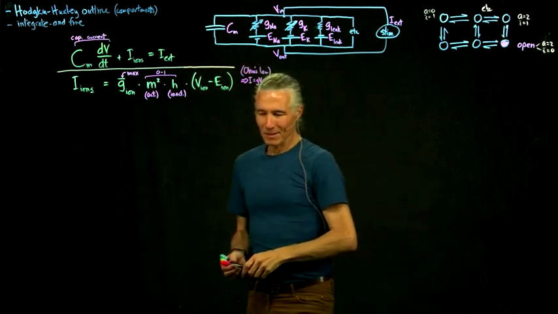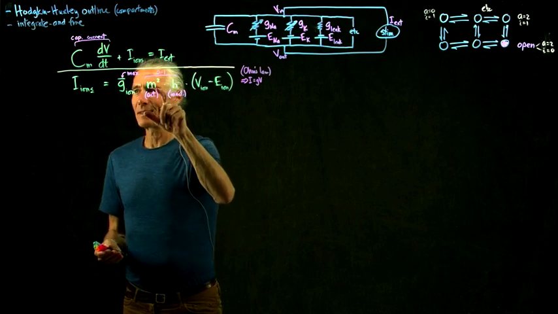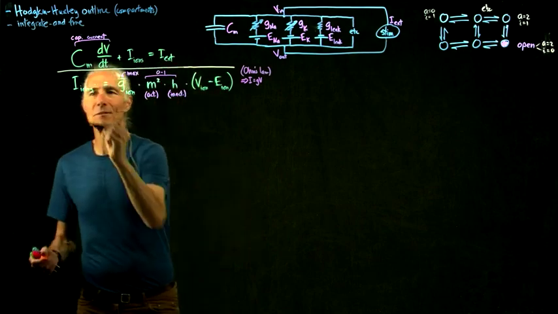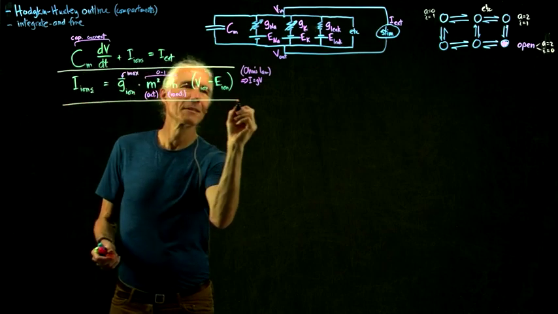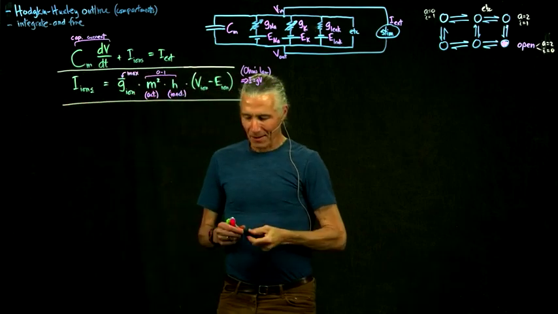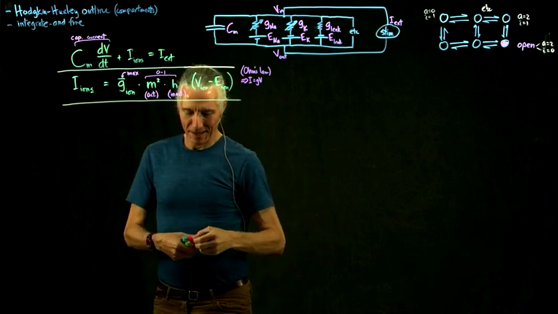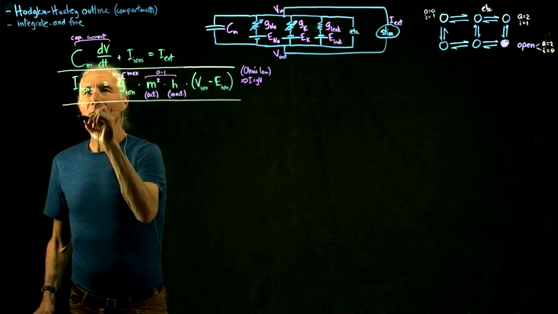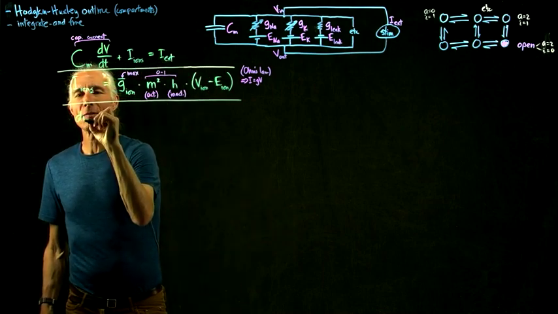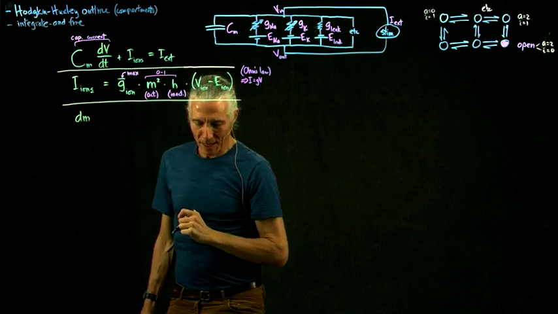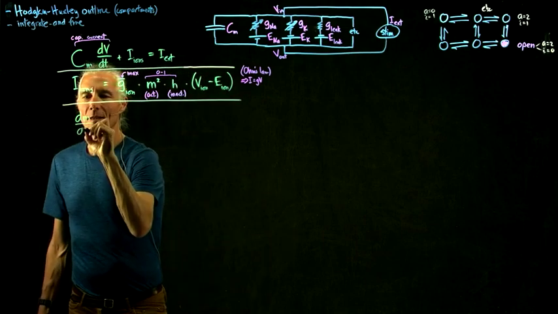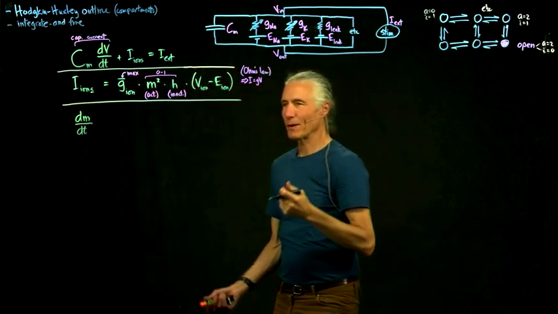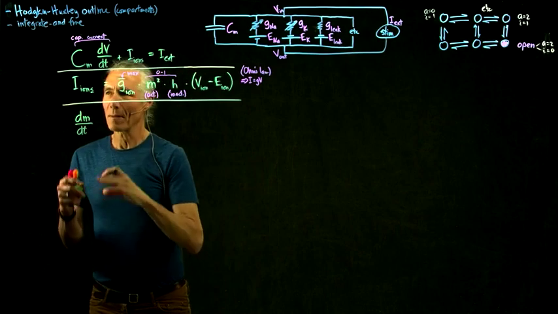Okay, so now we have to unpack these guys, the gating variables, because those are the things that are sort of opening and closing. So draw another line there. Okay, so now the hairy sort of chemical kinetics starts. So now what we want is an equation for how that gating variable is going to change over time. So that's the instantaneous rate of change of the gating variable. How rapidly is it occurring?